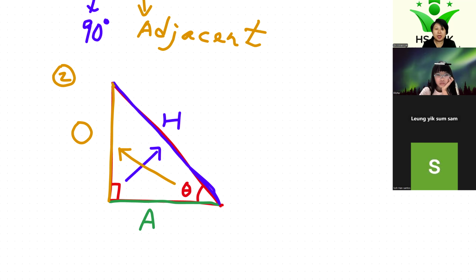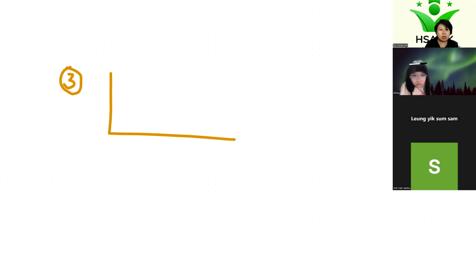Next step would be, I am asking you to, good. The other student, okay. Now, let's go. All right, example 3 is your turn. And now, this is the right angle, and this is the theta.